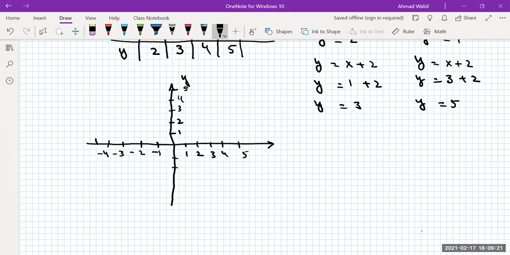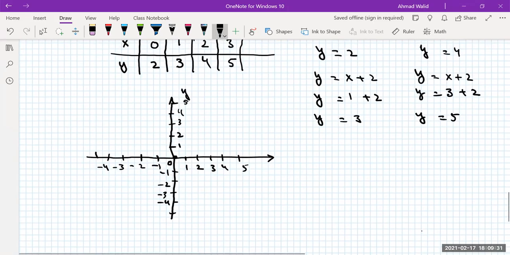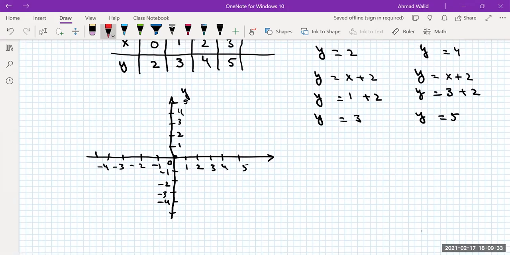And on the negative side, of course, negative 1, negative 2, negative 3, negative 4, and here definitely 0. Start plotting one by one. Look, what are your ordered pairs? The first ordered pair is when x is 0, y is 2. The second one, 1 and 3. The third one, 2 and 4. And the fourth one, 3 and 5. Try to plot these points.